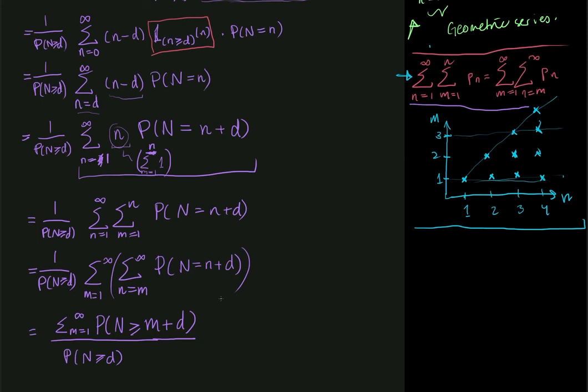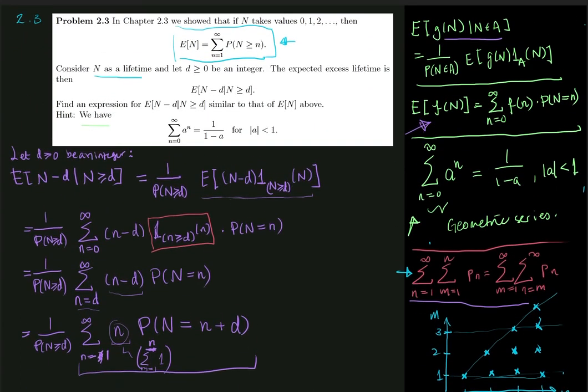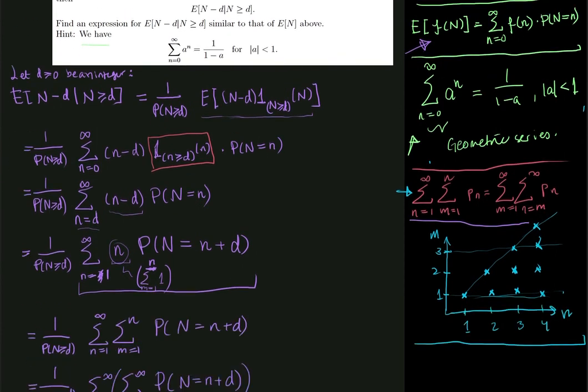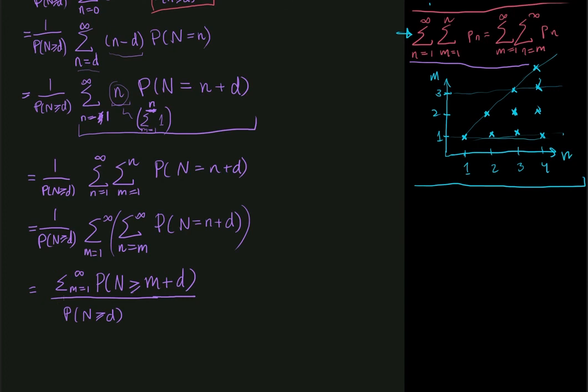And this is what we can call the corresponding version for the conditional case compared to the result that we got in the book. Now, some people might prefer to sum from m equal to 1 up to infinity and have m plus d up here.